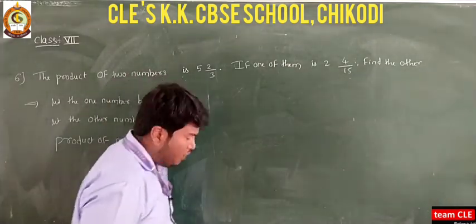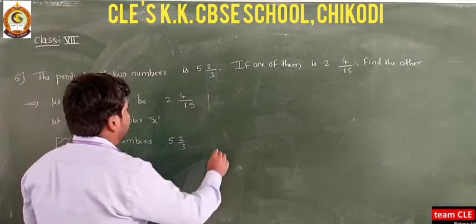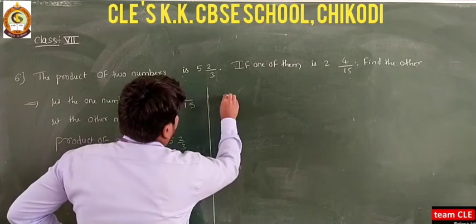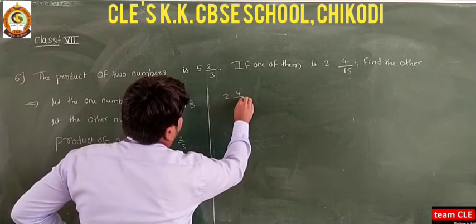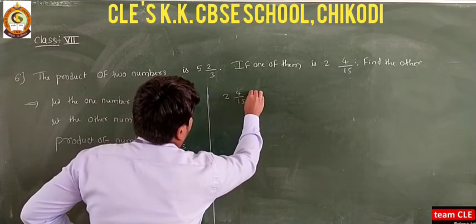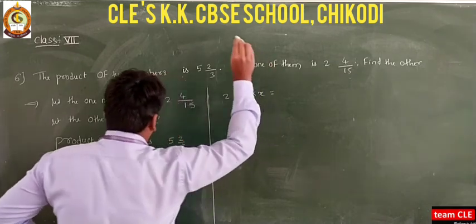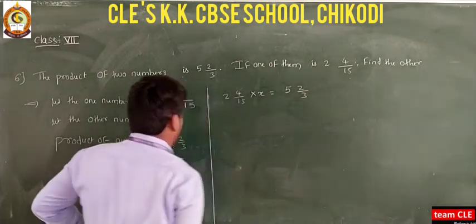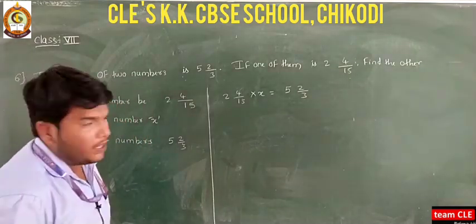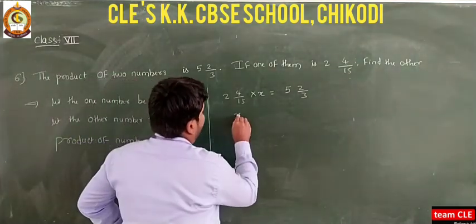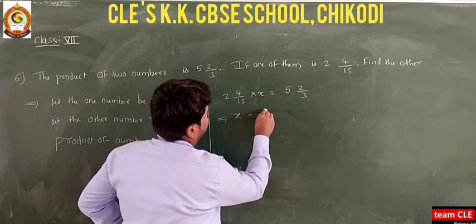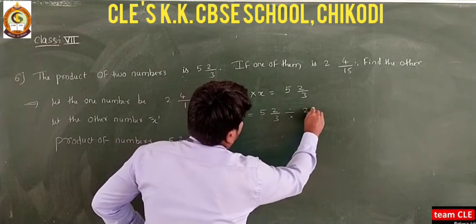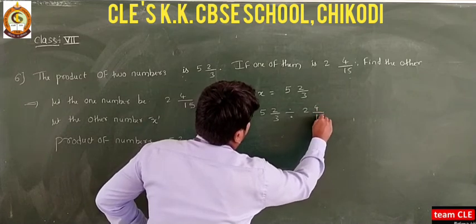Okay dear students, so now see, I choose one number as 2 integer 4 by 15, and one more as x, and the product of the two numbers is 5 integer 2 by 3. You need to find the second number. So first write the second number x is equal to 5 integer 2 by 3 whole divided by 2 integer 4 by 15.